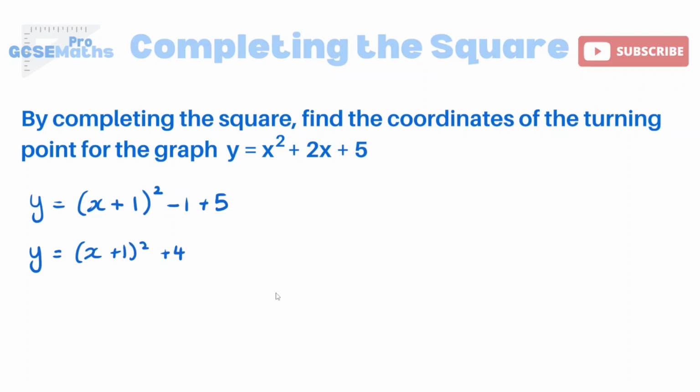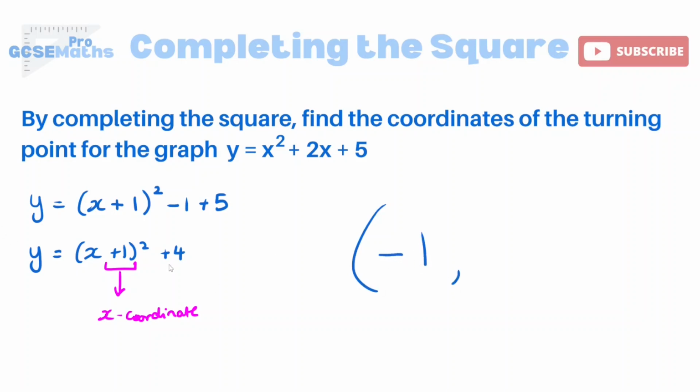Even if you get this far, you've probably got, I'd say, about 2 marks already. However, finding the turning point coordinates is only really 1 more mark, which doesn't seem like a lot, but considering it's so easy, I just need to remember, okay, this one is the x coordinate. However, I do need to remember to change the symbol. Okay, so that says 1, I actually need minus 1.